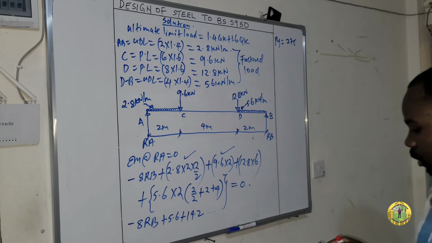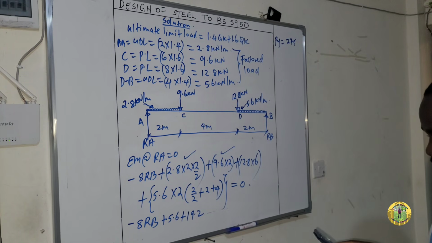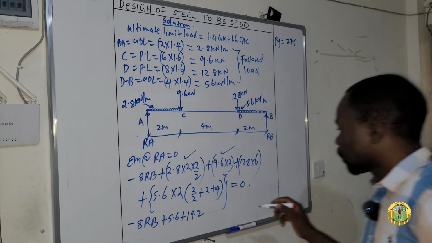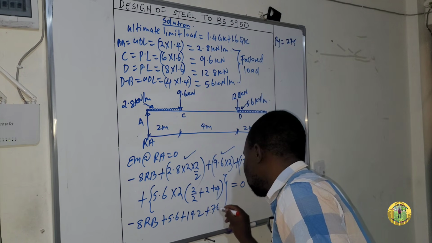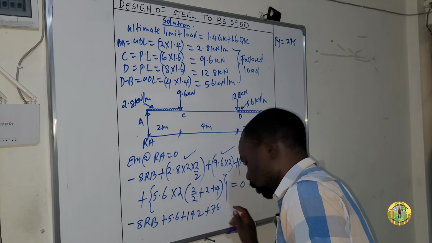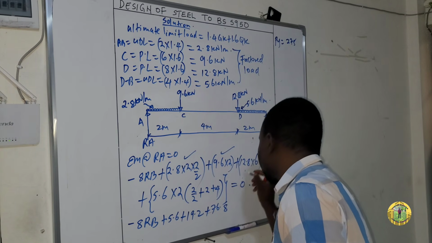You come to this one, 12.8 times 6, so this is 76.8. Done.